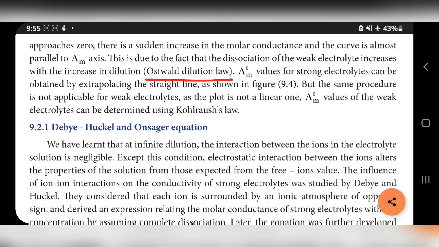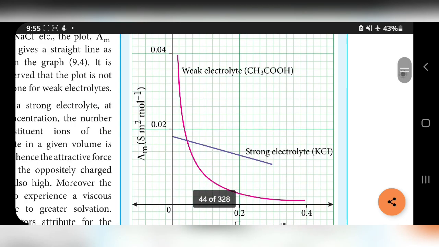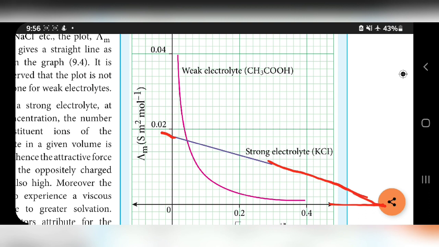Λ°m values of a strong electrolyte can be obtained by extrapolating the straight line, as shown in the figure. For a strong electrolyte, if you extend this line, it will cut the x-axis and y-axis at certain points, from which we can calculate the Λ°m value.